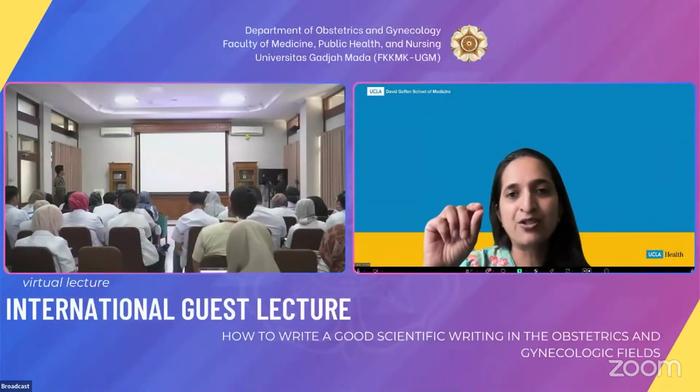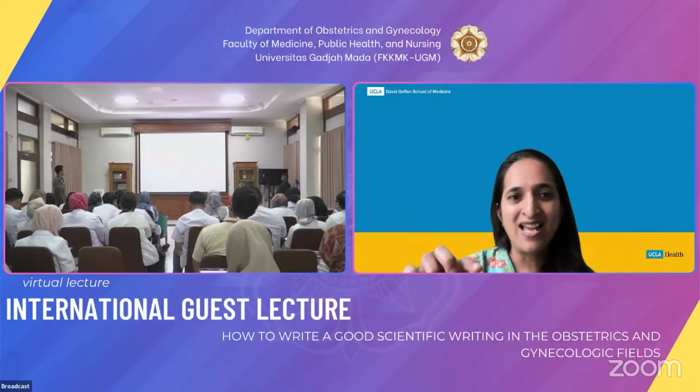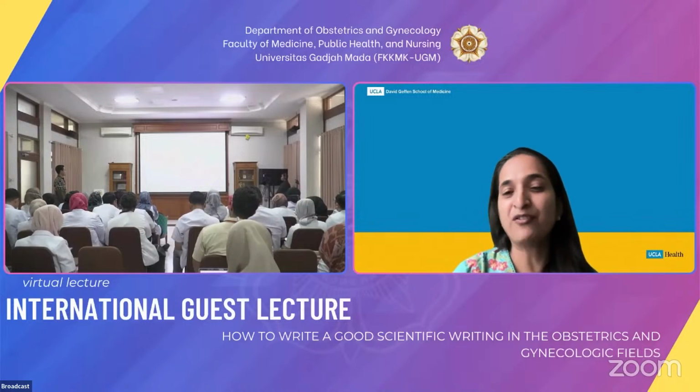In general writing, for example, if you're writing an essay, you would probably just write about a particular thing and put everything together. But if you're publishing a paper or writing a protocol, there is a set of information that you need to put in, and you have to follow the guidelines. That's one of the big differences.